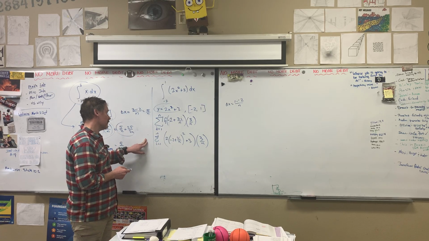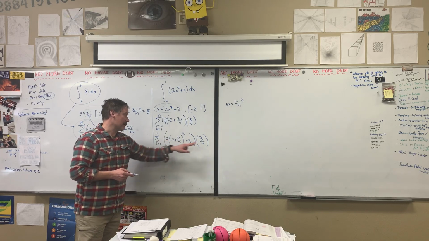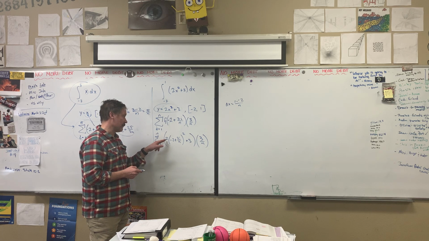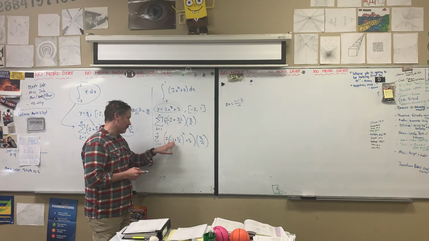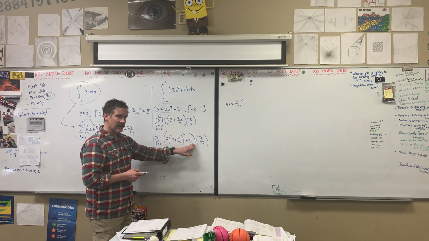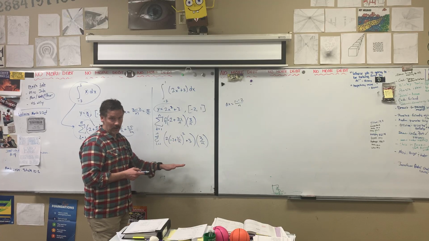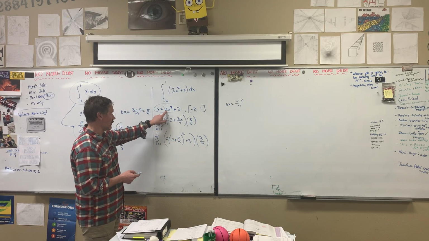The 3 over n would come out front, and then we worked with the summation of this. The 2 was a constant, so that came out. We've done ones like this before. Why did you pick 2 as a constant? Well, the 2 is a constant because it's right here.